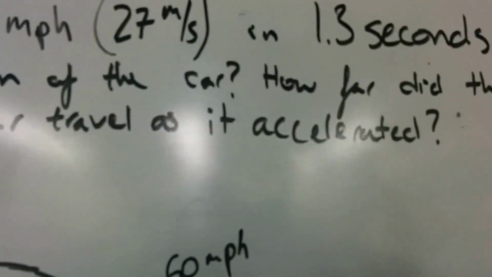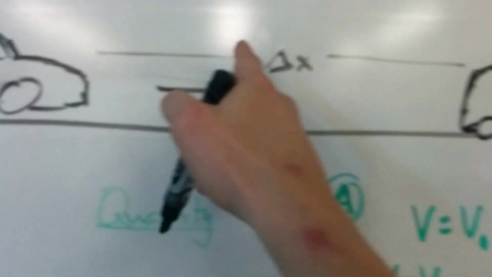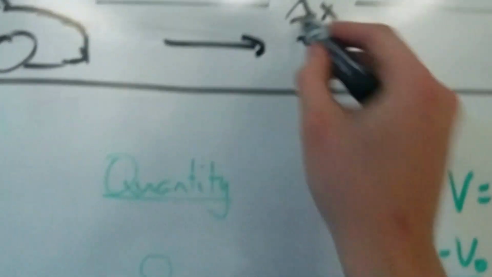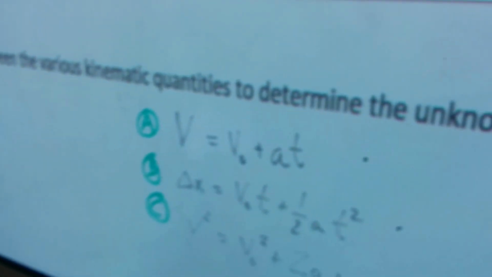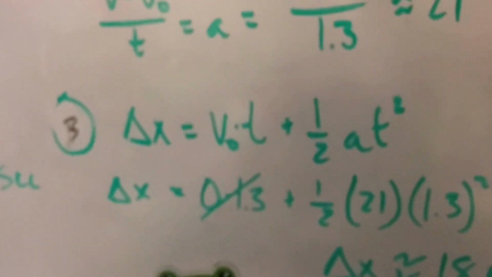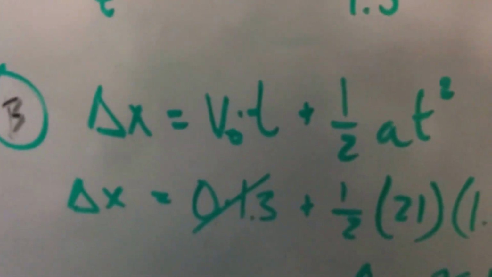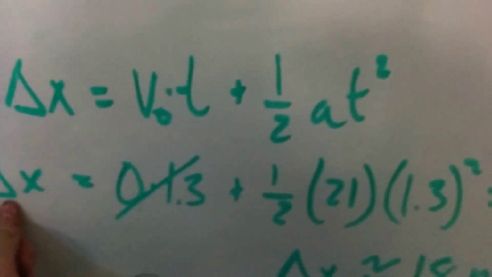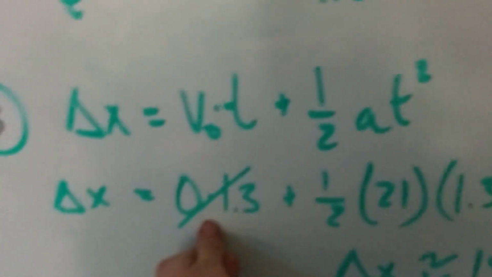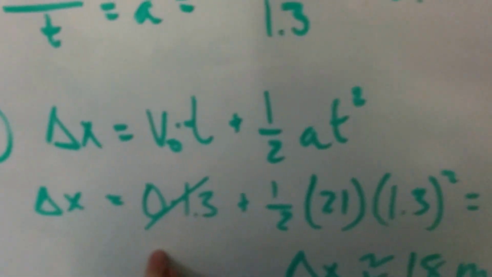That's all good and well. Now I ask myself the second question: how far did it go as it accelerated? Well, this is delta x that I'm looking for, and I can really use any equation at this point. So I'm using the second one, B, pull that over to the right. Delta x equals initial velocity times time plus 1/2 AT squared. Solving for this displacement. I know I start from rest, so this term goes away.